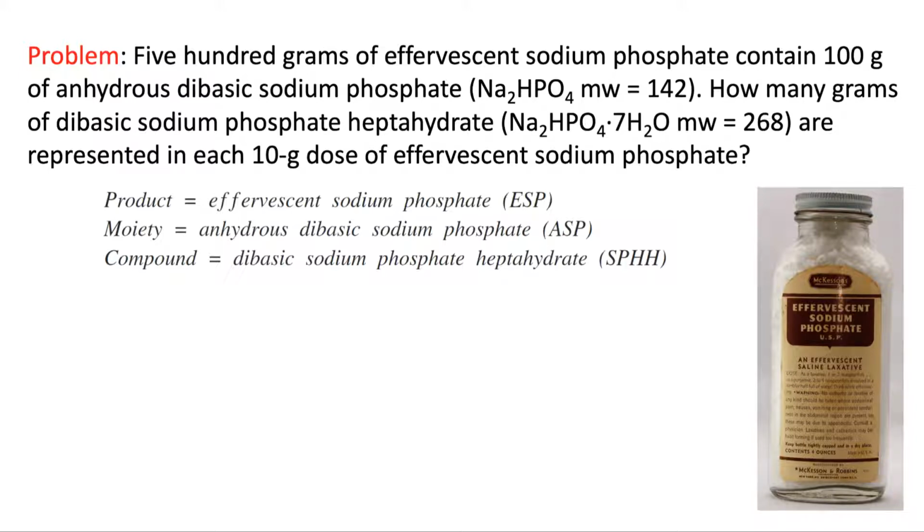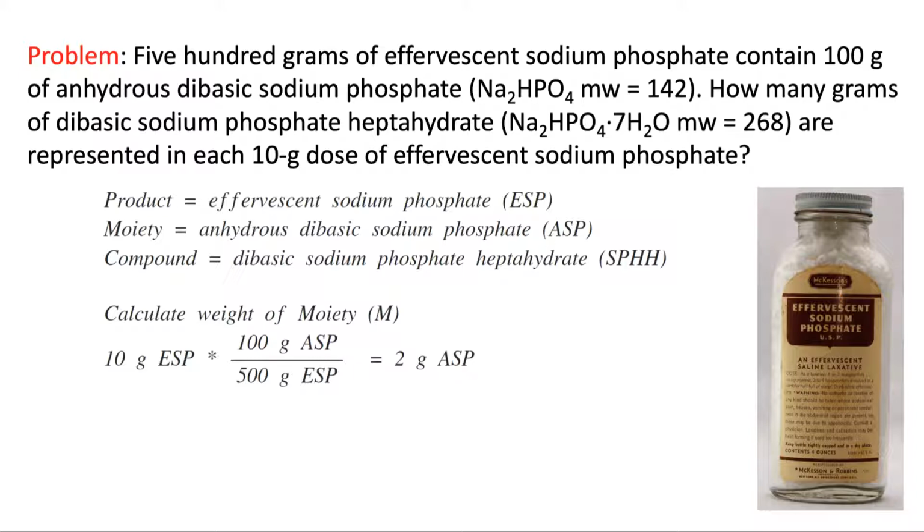So, where do we start? Well, let's start by calculating the weight of the active moiety. The active moiety is derived from the weight of the product. We were told that we want to know how much is found in a 10-gram dose of the effervescent sodium phosphate.